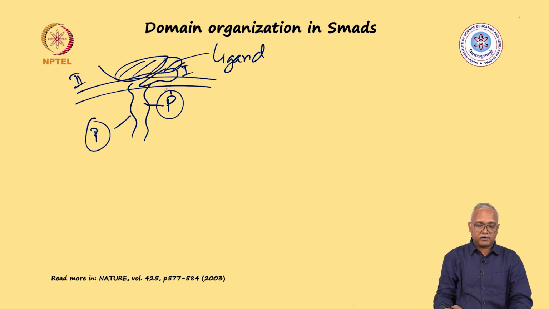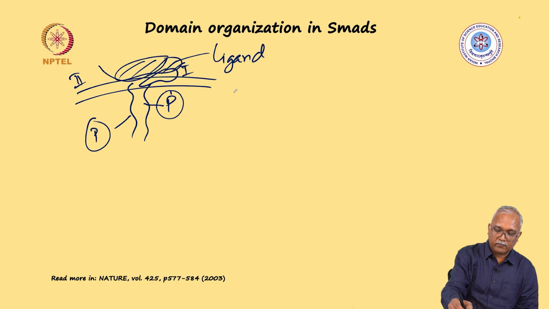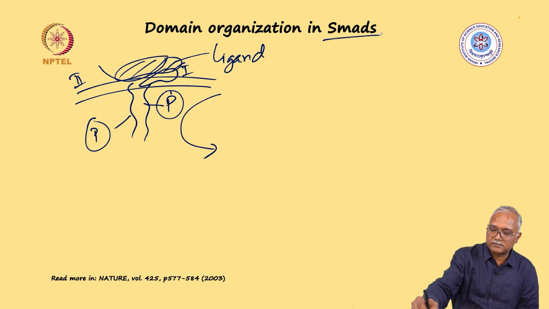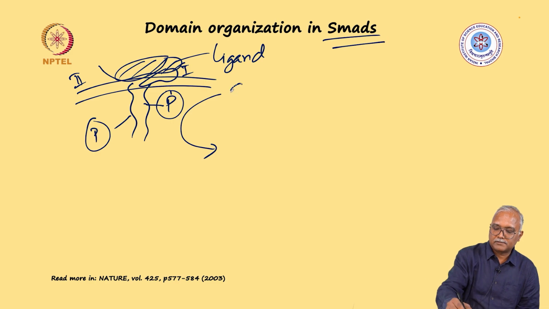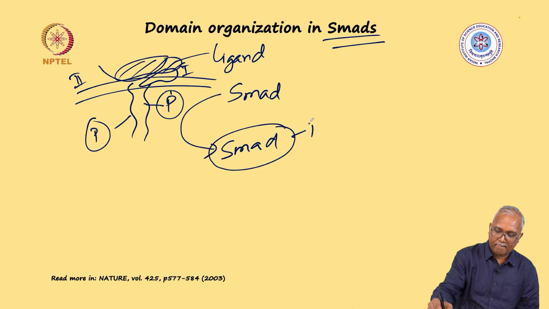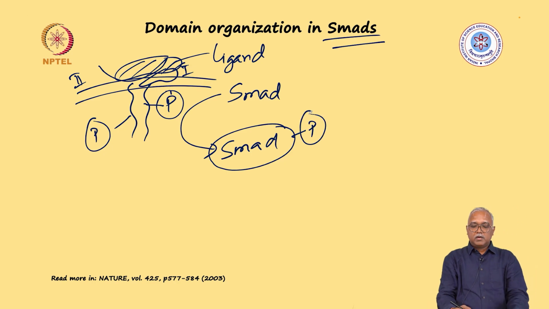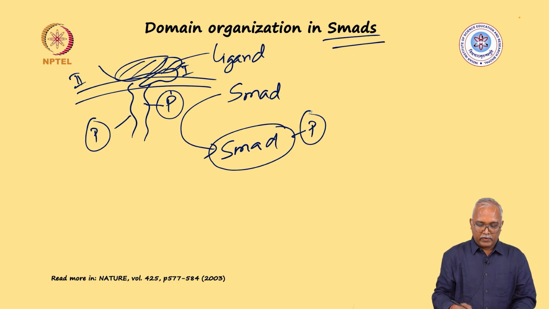This phosphorylation brings the first set of effector molecules in this sequence, and these are called SMADs. SMAD will undergo a phosphorylation event. This phosphorylated SMAD will combine with another SMAD.